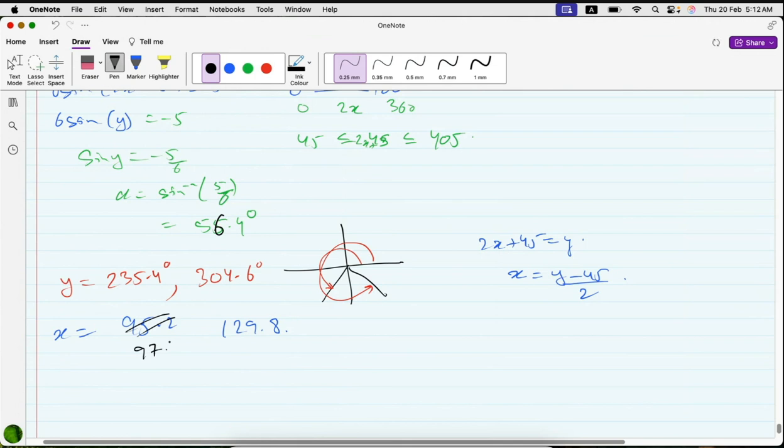180 plus 56.4 is 236.4 and 360 minus 56.4 is 303.6.